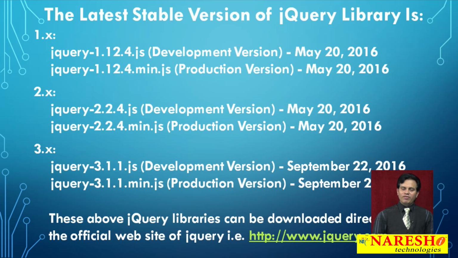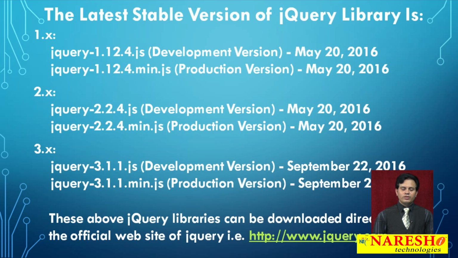And at the same time, they have also released a minified version, jQuery-1.12.4.min.js. So whenever you find any jQuery JavaScript file with the name .min.js, you need to understand it is compressed code. It is a production version. Every production version is suffixed with .min.